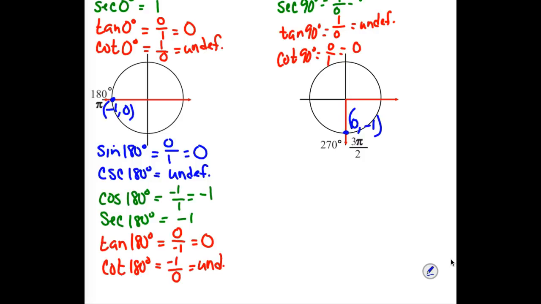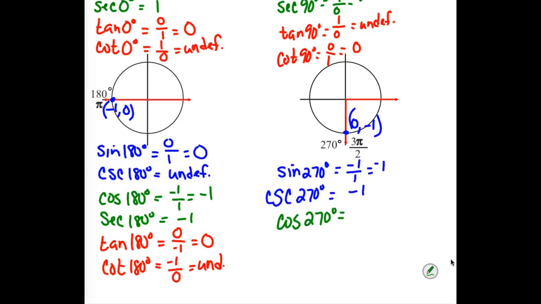And our last one, the sine of 270 degrees. We want y divided by r. Negative 1 divided by 1 is negative 1. Cosecant of 270 degrees is also negative 1. Cosine, x divided by r. 0 divided by 1 is 0.